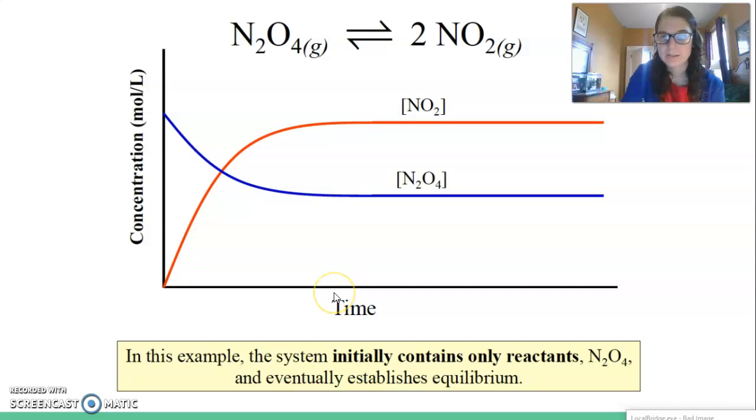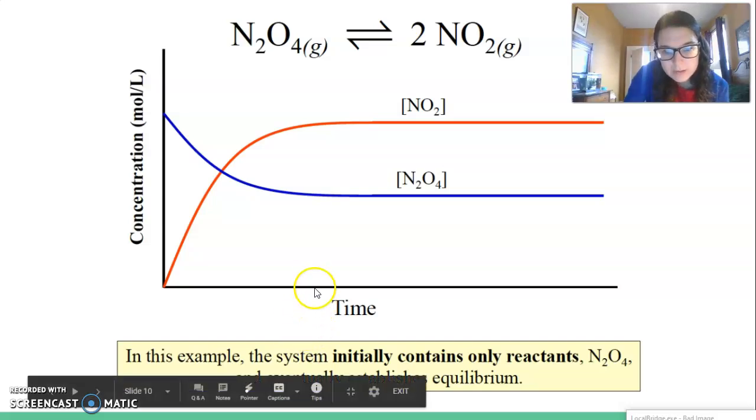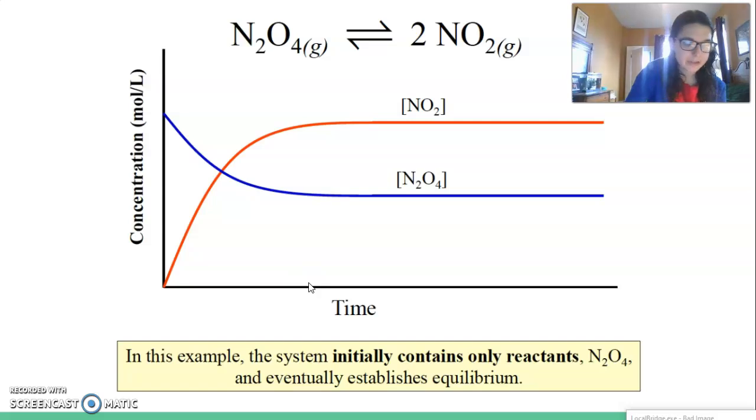At this point, the system has reached equilibrium. So at time, whatever this is about here, I would estimate, is where the slope stops changing. At this time, that's where the system reaches equilibrium because the concentrations of NO2 and the concentrations of N2O4 are not changing. Both reactions are occurring at an equal rate.